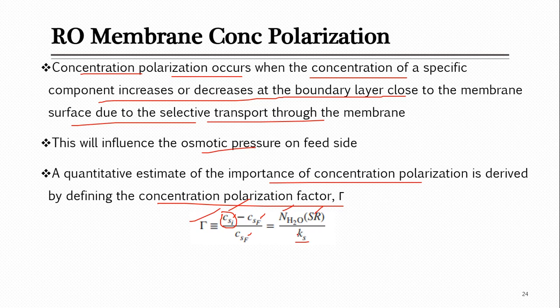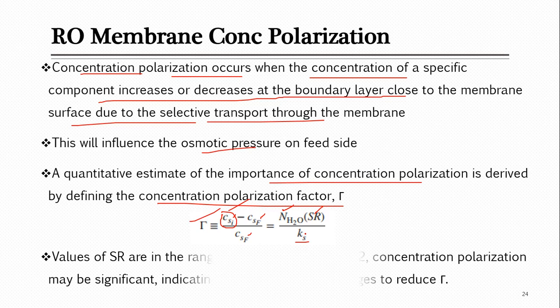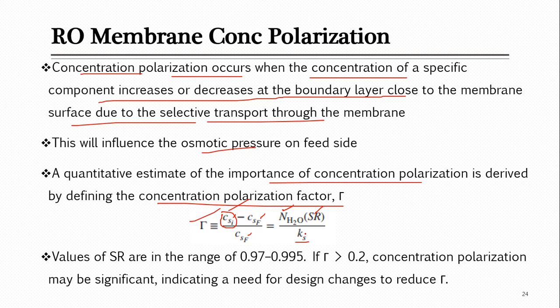One thing here: this concentration C_si is difficult to measure, so there is another replacement formula here. That's about the flux of solvent through the membrane, which you have already calculated. Salt rejection is also calculated by using salt passage, and then Ks, the salt mass transfer through the membrane. So this formula can be used to calculate this concentration polarization.